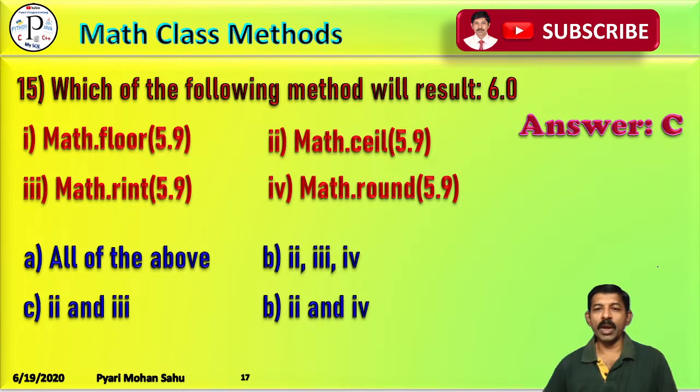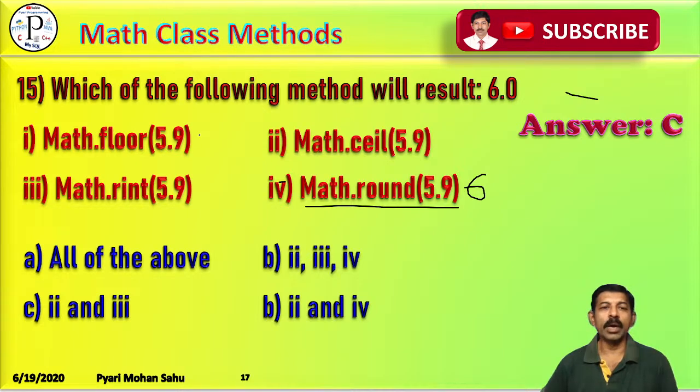Just some time before I asked a question: what is the return type of Math.round? Its return type is integer, so that's why it will return 6. Now Math.floor, what will it return? Math.floor will return 5, round down, 5.0.